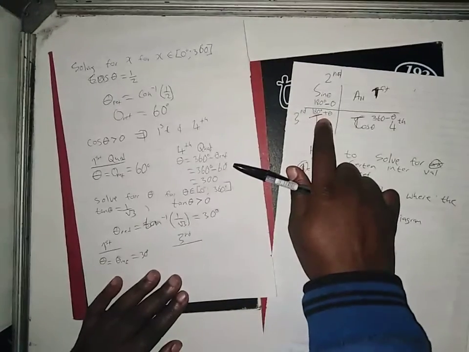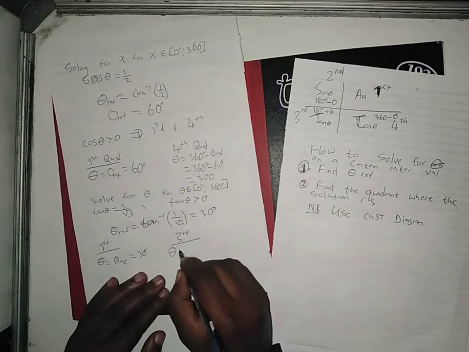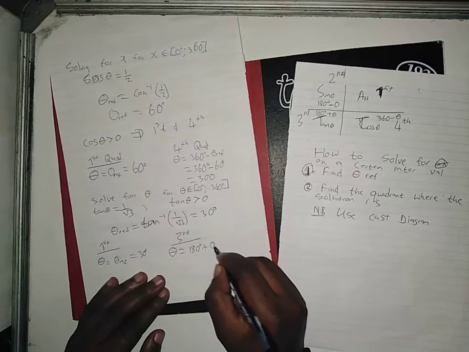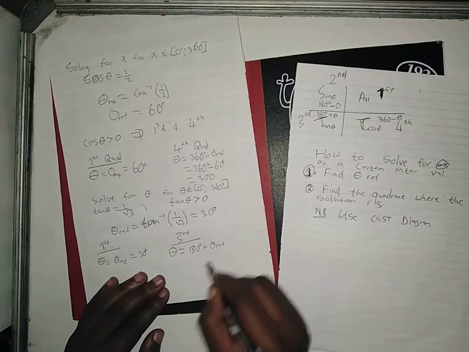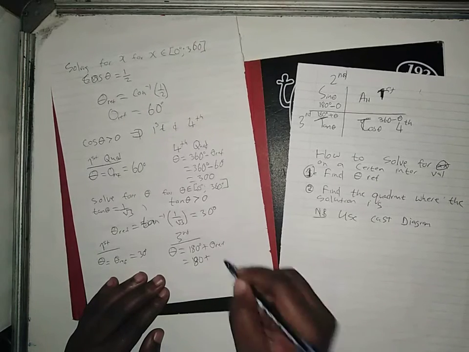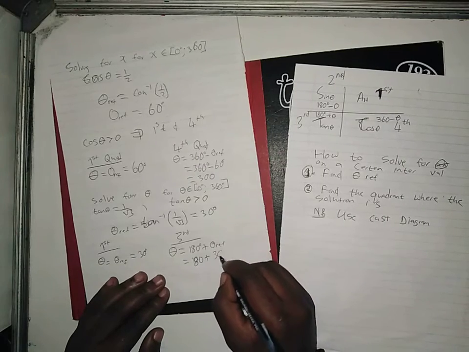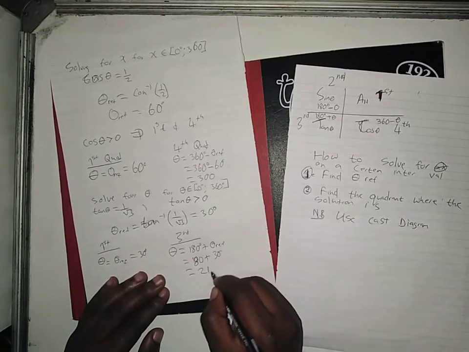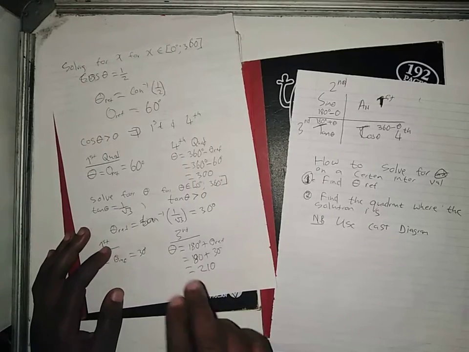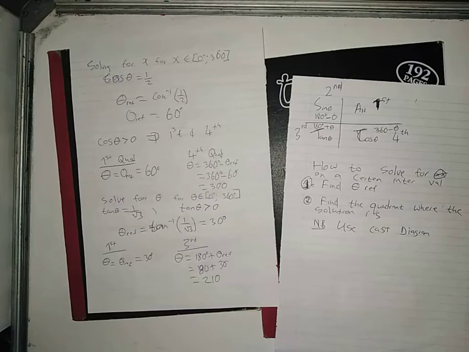In the third quadrant, you use 180 plus theta. So theta is equal to 180 degrees plus theta ref. What is theta ref here? Theta ref is 30 degrees, so you end up with 210 degrees. Okay, so this is a solution in the first quadrant, and this is a solution in the third quadrant.